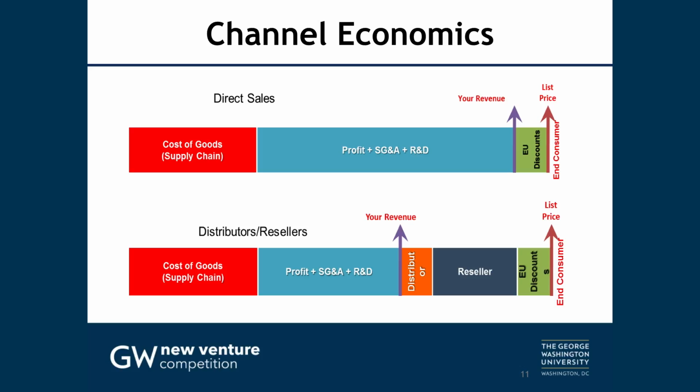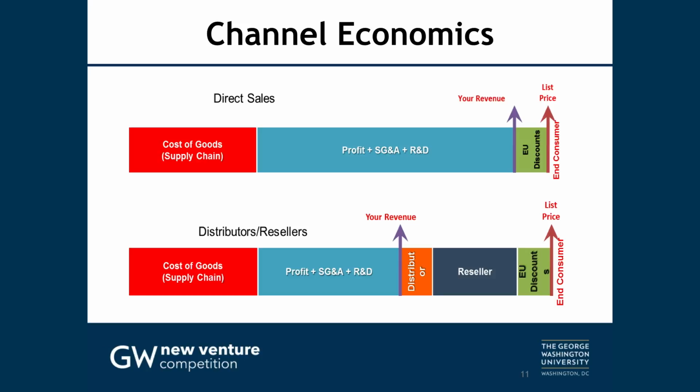Now, if you sell directly, that cost is part of your company because it's your direct sales force. But consider the situation where you're selling through distributors or retailers. Now, that piece of the gross margin is divided up, and some of it goes to the distributors and the retailers. And what's left over is for your profit, other selling, general and administrative, and R&D.